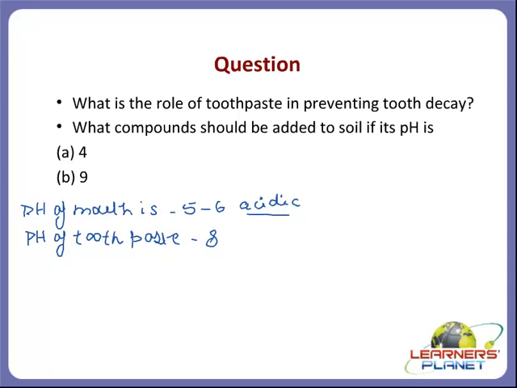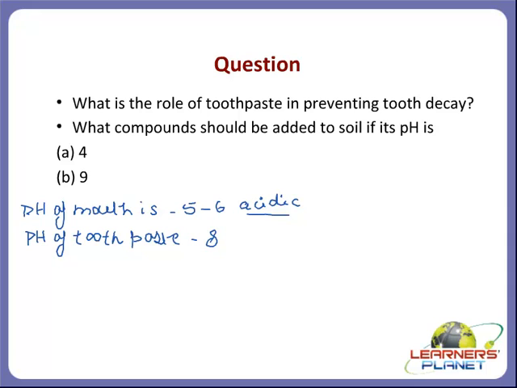The pH of saliva comes to the neutral range, that is 7 to 7.4. So what is the role of toothpaste in preventing decay? It maintains the pH of the mouth, so that your teeth are protected.